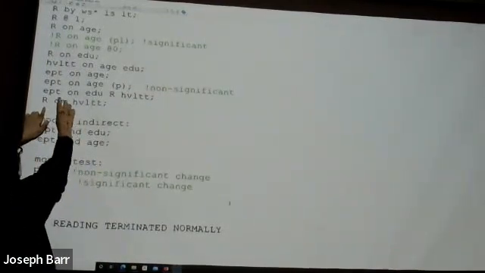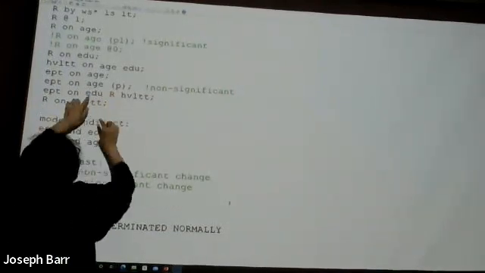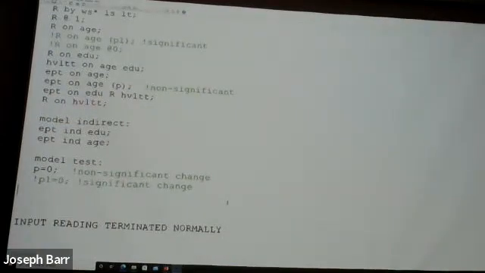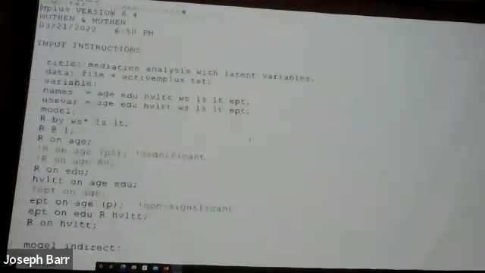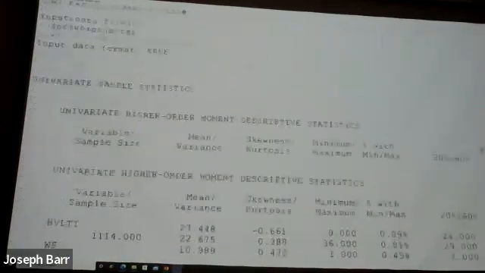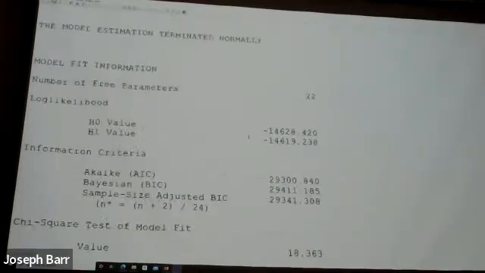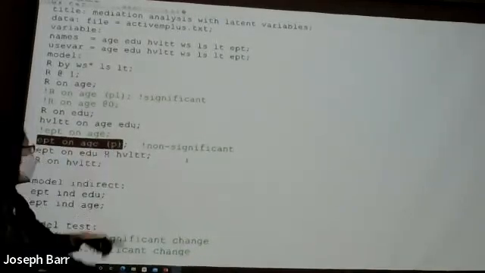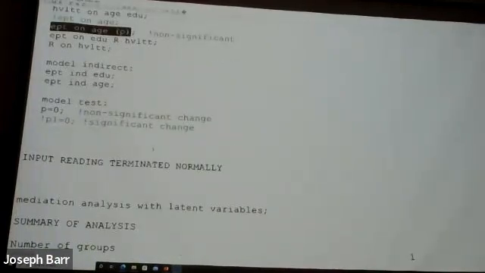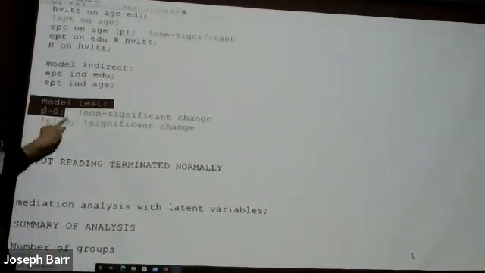What does that mean? Which one is P? P is here, EPT on H. I assume the name is called P. So this is the code we input: EPT on H, the name of the path is called P. And I want to test whether this path is 0 or not.